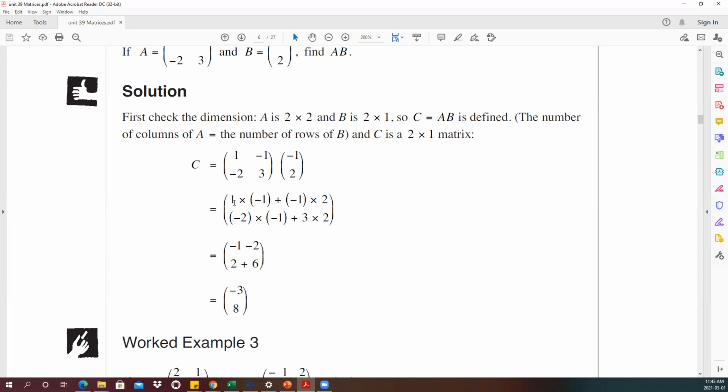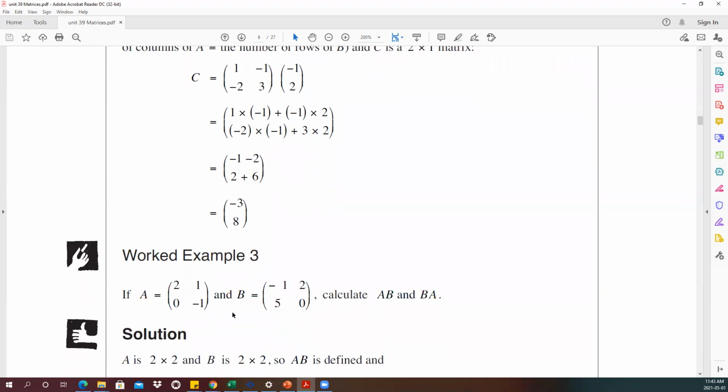After you simplify this intermediate matrix where you do the calculations, I get minus 1, simplify this, I get minus 2, so plus minus 2, here I get positive 2 plus 6, and then now you just continue simplifying. So you get minus 2, minus 1, minus 2, minus 3, 2 plus 6 is 8. Call it a day.